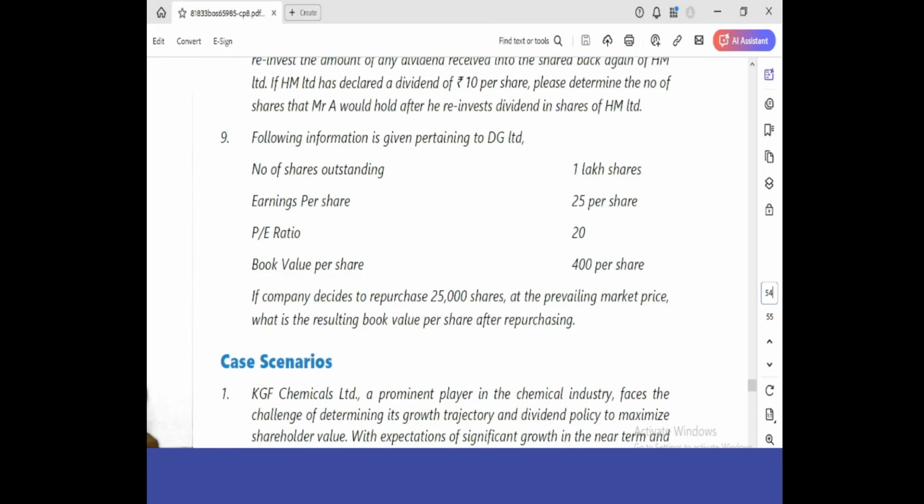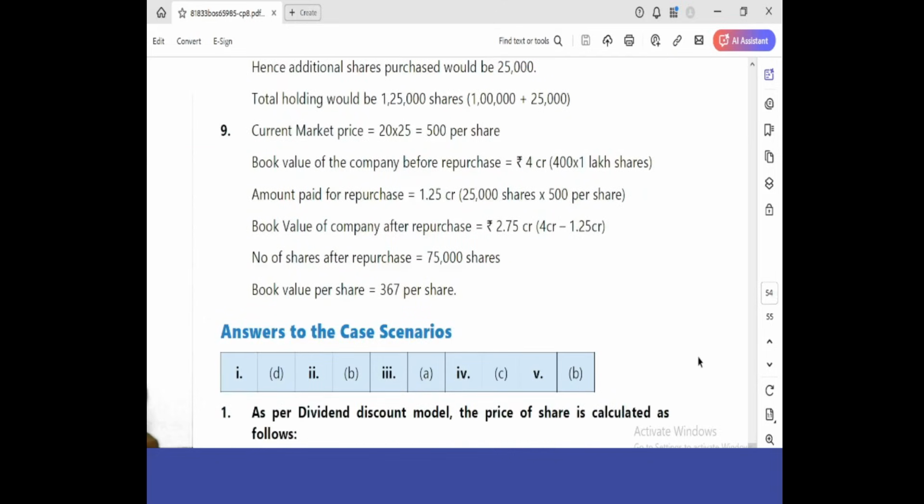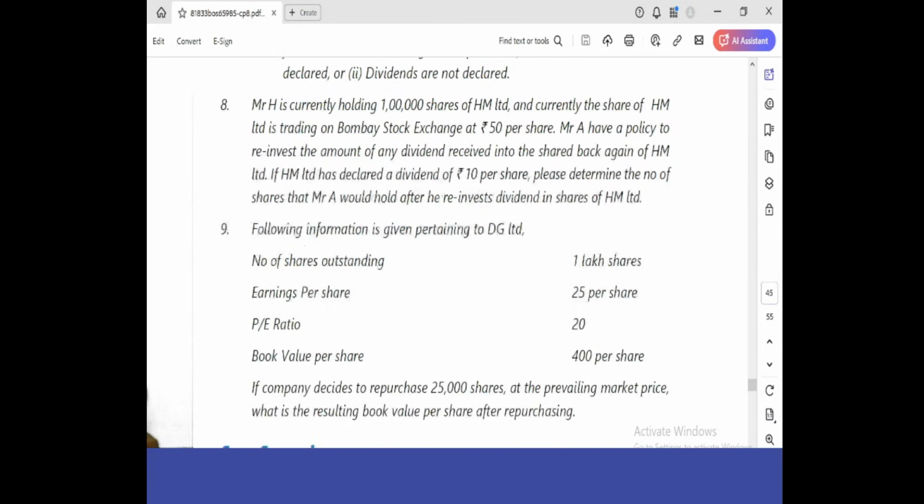Now first you got to calculate the current market price per share. What is the formula? You can take the price earnings ratio. How many times? It is given as 20. 20 times. And what is the earnings per share? It's 25 rupees a share.